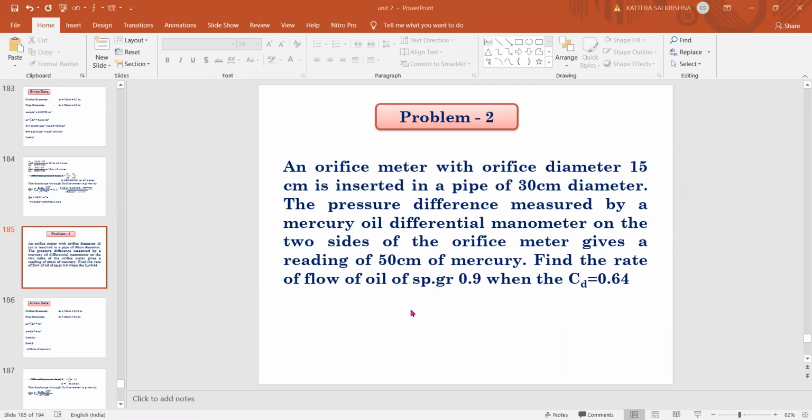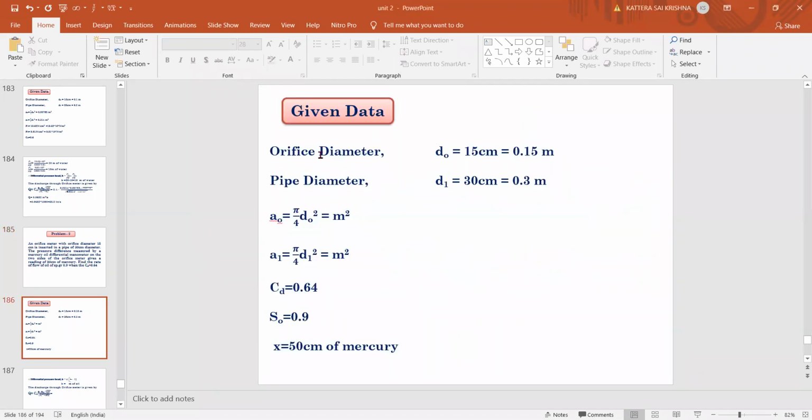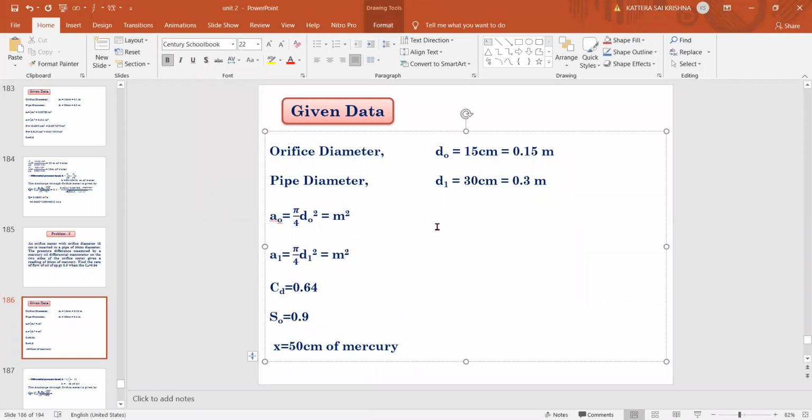Next I'm going for the given data. The orifice diameter is given first: diameter of orifice D naught is 15 centimeters, that is 0.15 meter. Pipe diameter D1 equals 30 centimeters, so 0.3 meter. First find the areas by using the diameters. A naught equals pi by 4 into 0.15 squared.